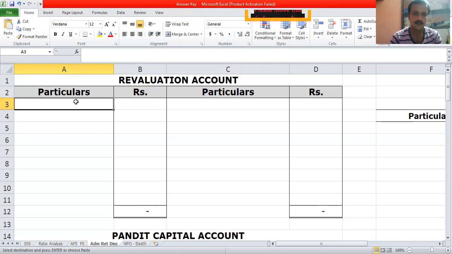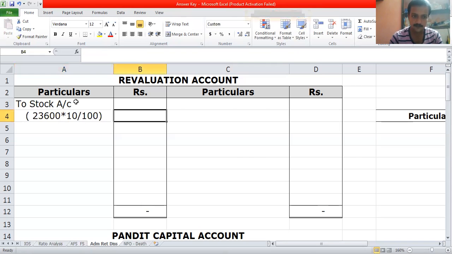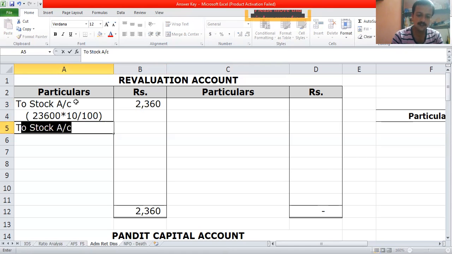So first, I write to stock account. In the bracket, you can write stock is 23,600 into 10 divided by 100. That will give us 2,360.